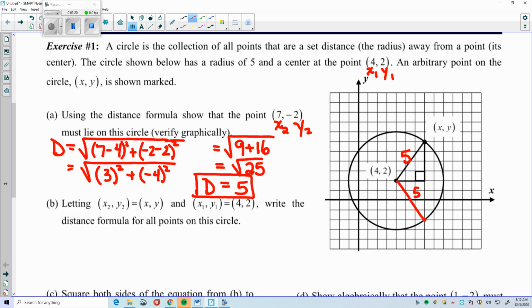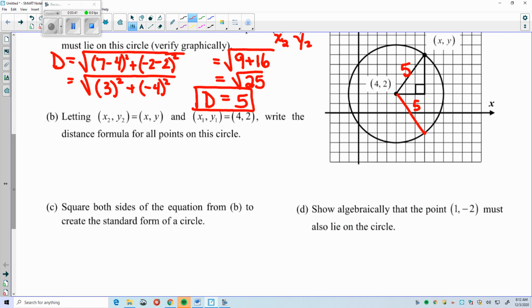Okay. So using that same idea, we're going to let this point, which we had back here was our (7, -2), we're going to let our x2, y2 be just this plain old coordinate (x, y). And x1, y1 of the formula is going to be our center point (4, 2). So we're going to write the formula kind of like what we did up above.